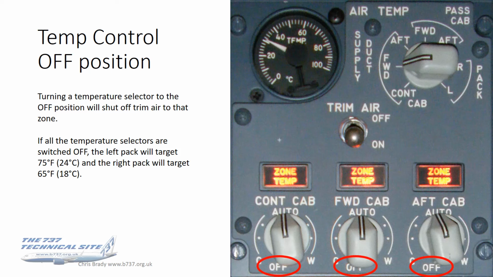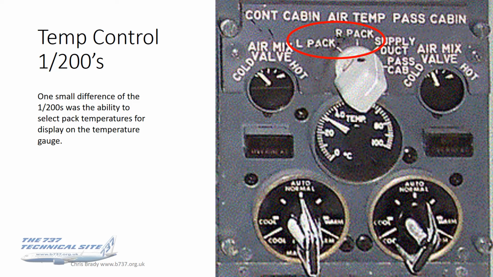But you can, if you so wish, and I really can't think of a situation why you would need to do this, switch off the trimmer to an individual zone. Point of interest: if all temperature selectors are switched off, then the left pack will target 24 centigrade and the right pack will target 18 centigrade.